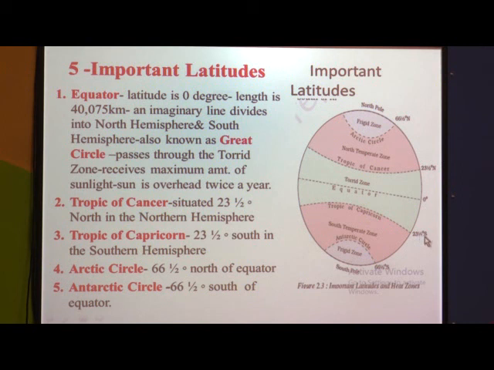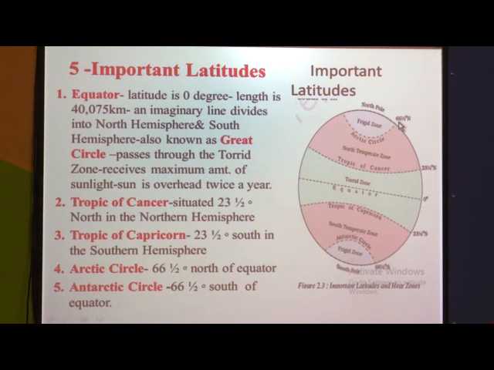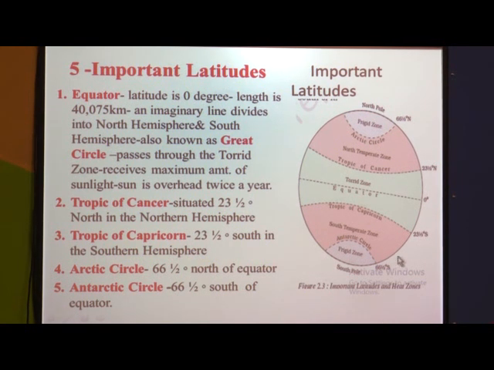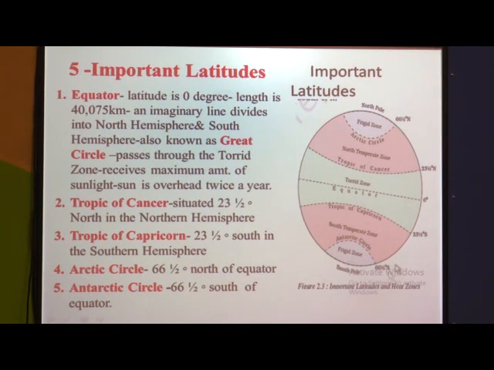Then the fourth one is Arctic Circle, 66.5 degree north, and the last one is Antarctic Circle, 66.5 degree south. So hope now you understood this clearly, children. What are the 5 important latitudes?